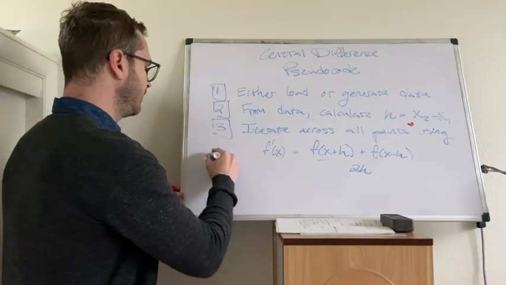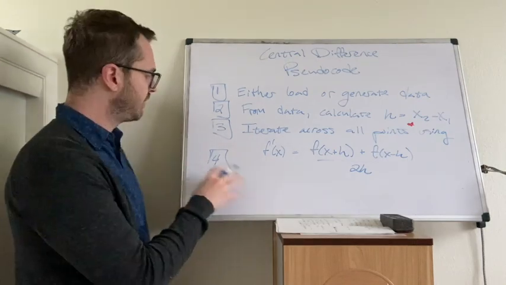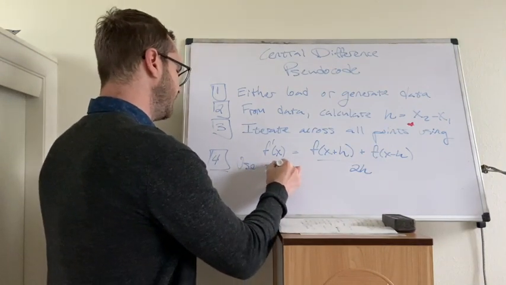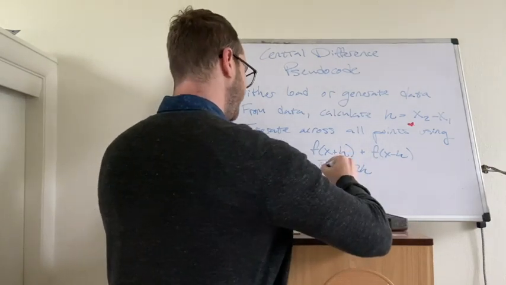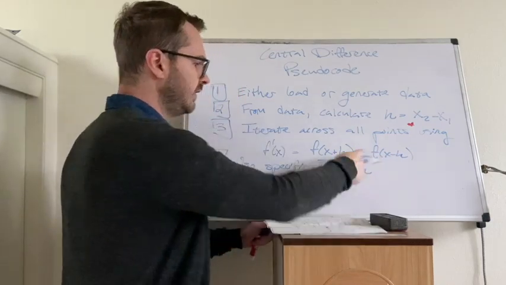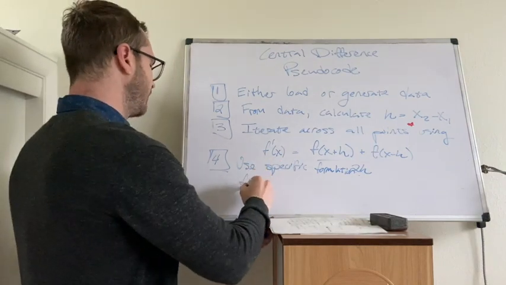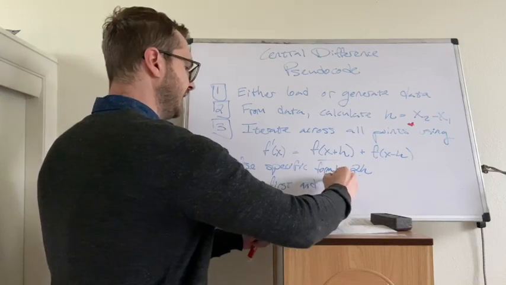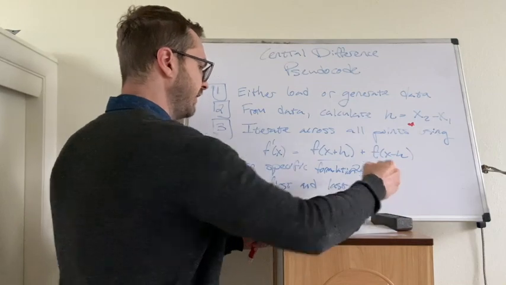And number 4, so we have not done the details for number 4 yet, but I'm going to go ahead and put it in. Number 4 is use specific formulation for first and last points.